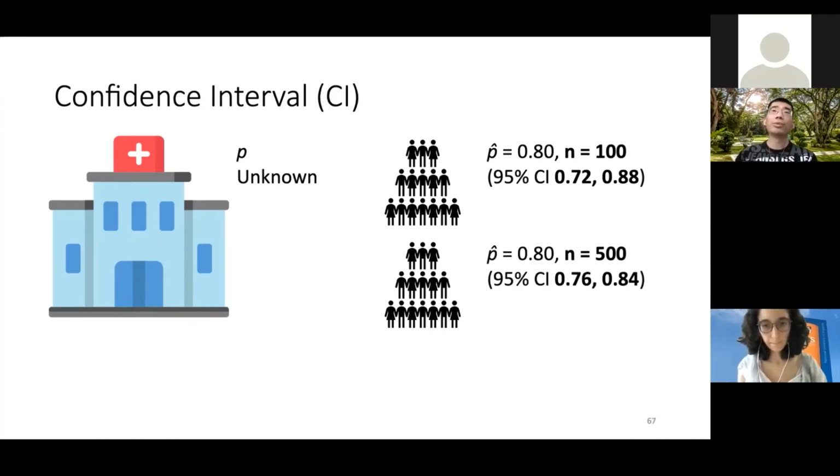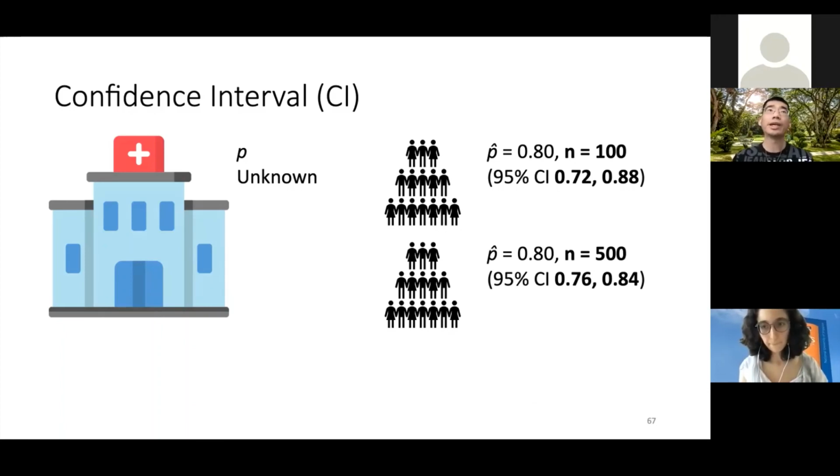And one of the factors that affects the width of the confidence intervals, which is given by how close these numbers are, is the sample size. So let's say we drew another sample from the population, but this time with 500 patients. And this is 5 times as large as our previous sample. And we can expect that we'll have a better estimate of the population accuracy using the larger sample.